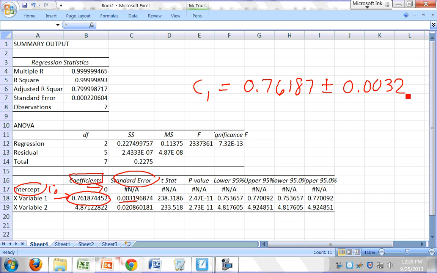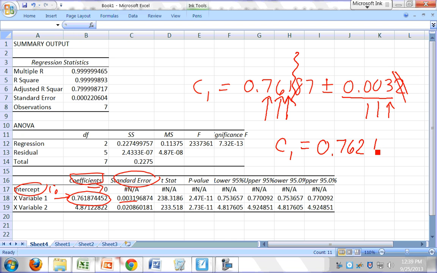Or really you should just stop with the first non-zero digit. So your uncertainty starts in the thousandths place, the third decimal place. So how should you round off your C1? 1, 2, 3, third decimal. You should round off there. So you should report your C1 as 0.762 plus or minus 0.003.